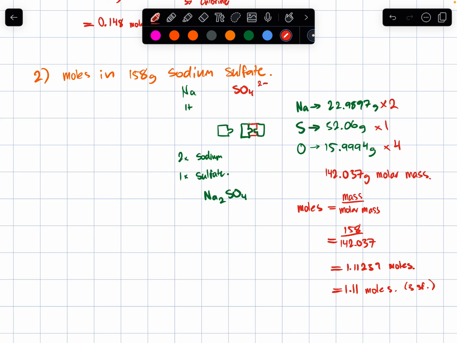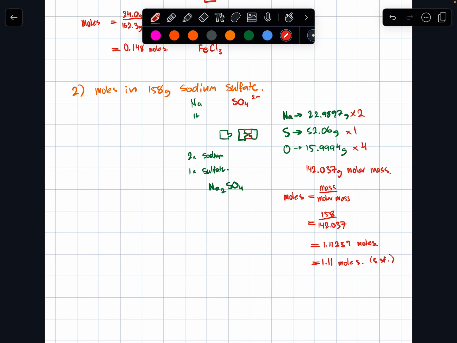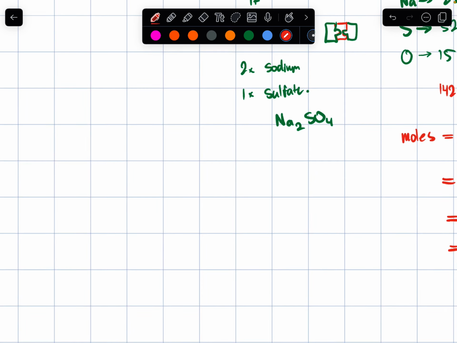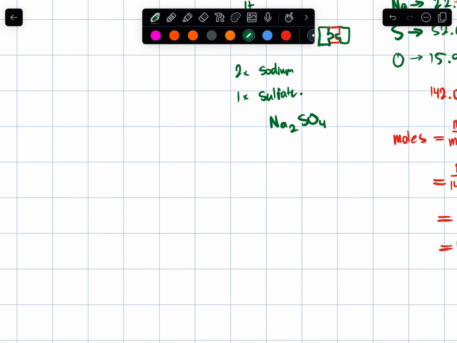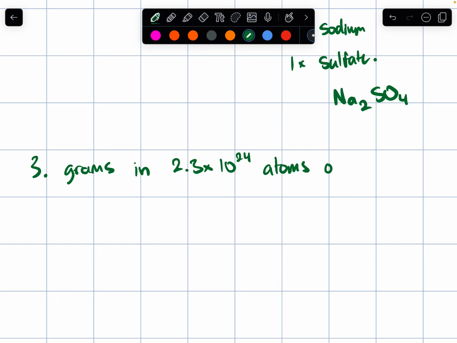Oh, there's not. Okay. This I will go through because it's different. But this one is a bit easier because you don't need to do the whole compound stuff. So, 3. How many grams are there in 2.3 times 10 to the power of 24 atoms of silver.